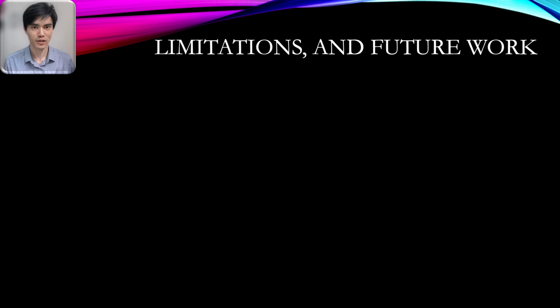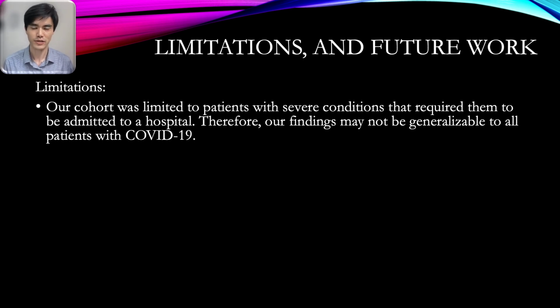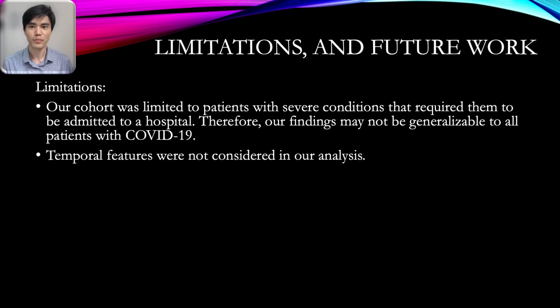And some limitations of our work and future work. Some limitations: our cohort was limited to patients with severe conditions that require them to be admitted to the hospital, and therefore our findings may not be generalizable to all COVID-infected patients. And temporal features were not considered in our analysis, as in when is the patient more likely to die, first week or second week?